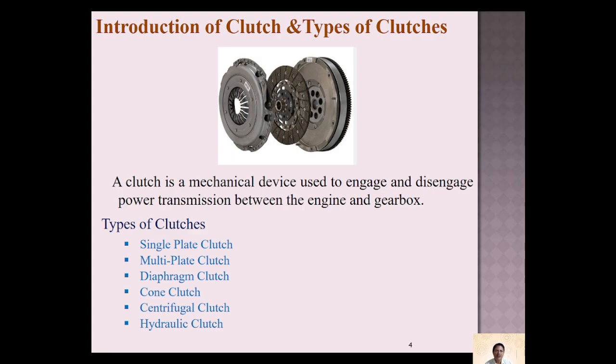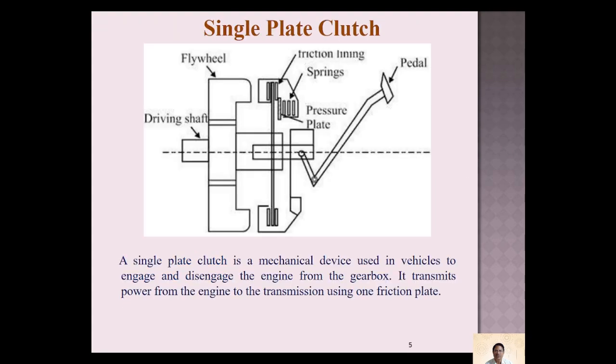Here are the types of clutches: single plate clutch, multi-plate clutch, diaphragm clutch, cone clutch, centrifugal clutch, and hydraulic clutch. The single plate clutch has only one plate, that is, the friction lining will be there, a loaded spring is there, then the pressure plate is there, the pedal which is pressed by the driver is given, then the flywheel is there, and the driving shaft is there.